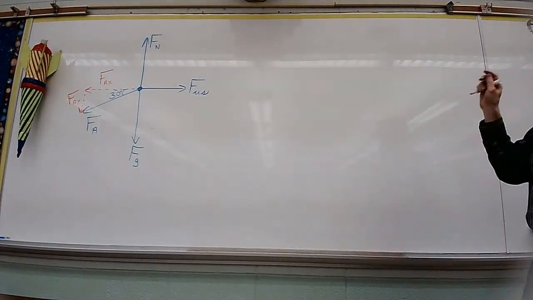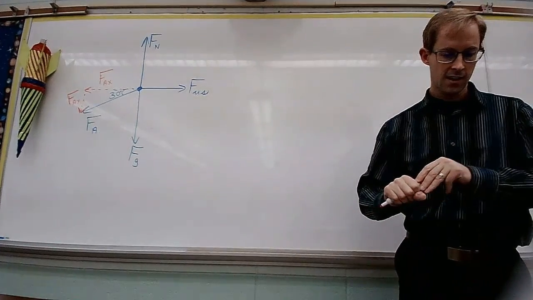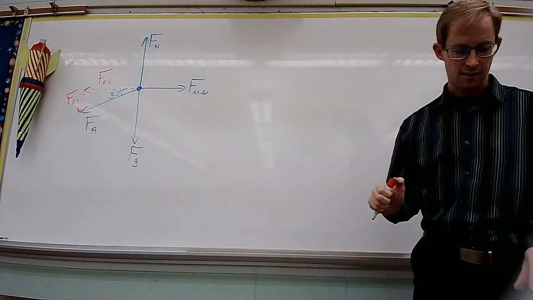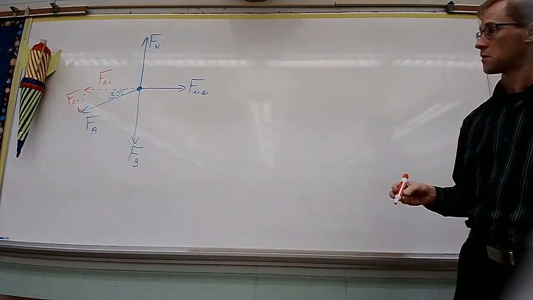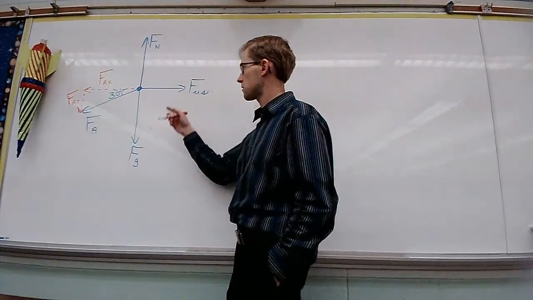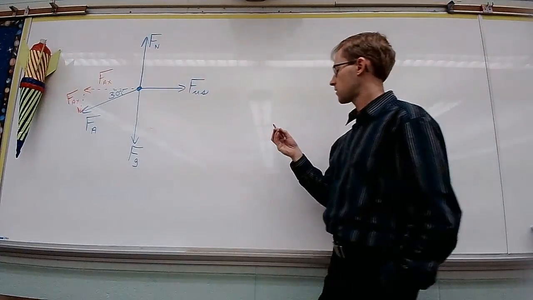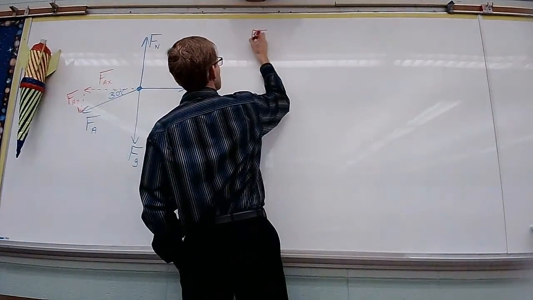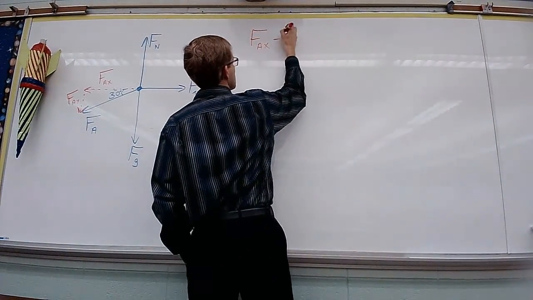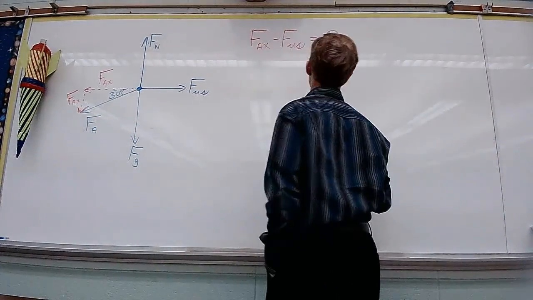It's going to the left and it's going down. So, letter A, write the equation for the forces acting in the x direction. Well, we've got applied force going one way, we've got friction going the opposite way, and so our equation is just going to be applied force in the x direction minus friction equals nothing.